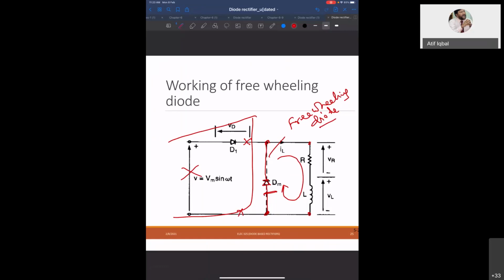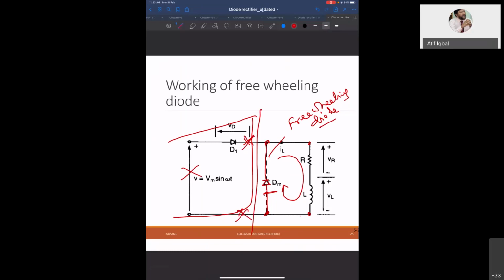This is connected together. Now sometimes you need to connect a freewheeling diode. Suppose this is an inductive circuit and you want to switch off the supply from this end. You cannot do that because the inductor current needs some path.